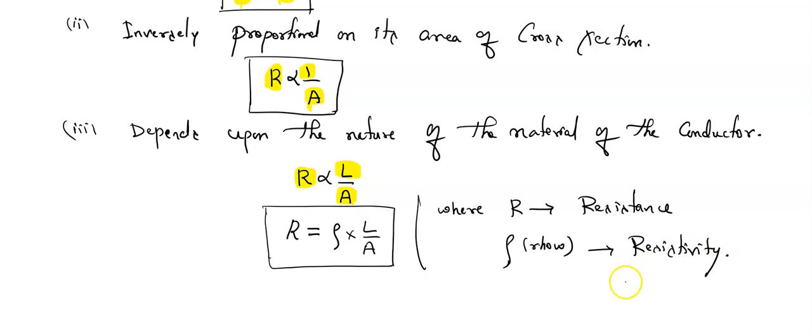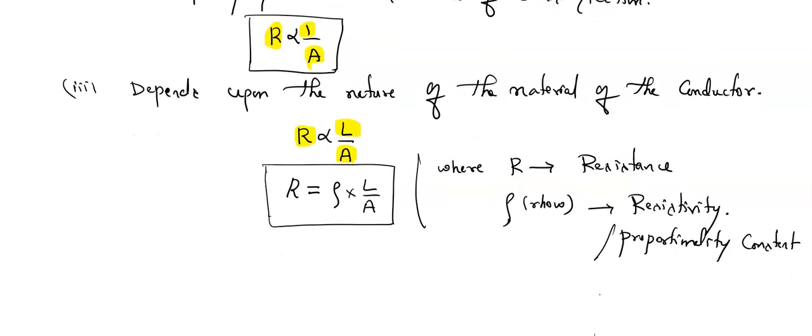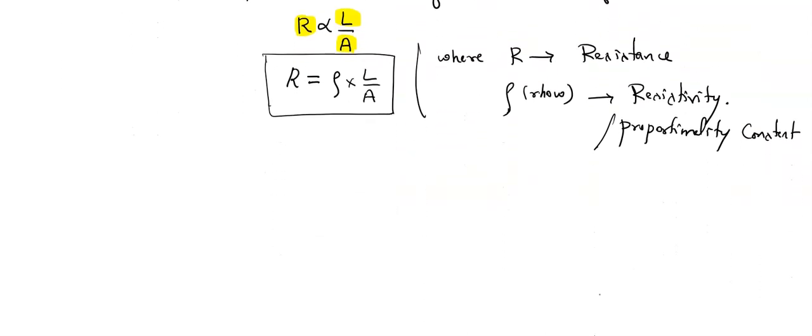That is also called the proportionality constant. Is this clear? Any doubts? Children, this is a very important question. Again I am repeating, you should not miss this question for your upcoming board exam. It is quite a definite question for your upcoming board exam.